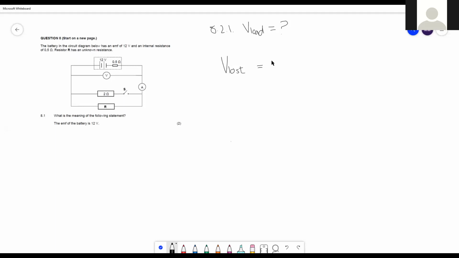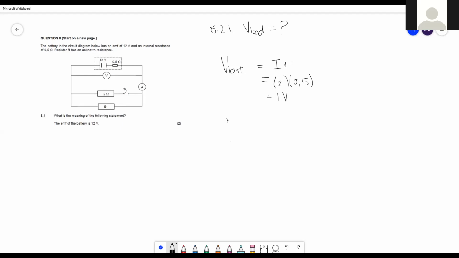So V lost is equal to I times R. In this case, they gave us the current as 2 amps. And we know from the question as well that our internal resistance is 0.5 ohms. So our V lost would be 1 volt.